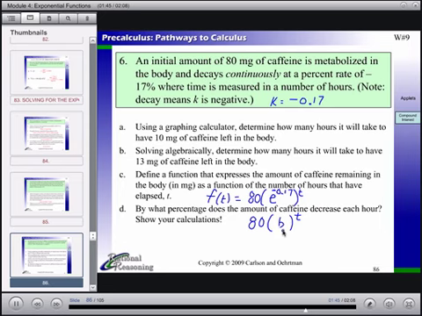This then relates to the growth factor. So what would B help us find if we found the value of B? This would be the true change per hour, right? So we can say B equals what? e to the negative 0.17.